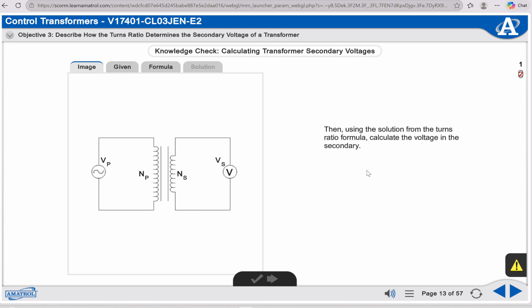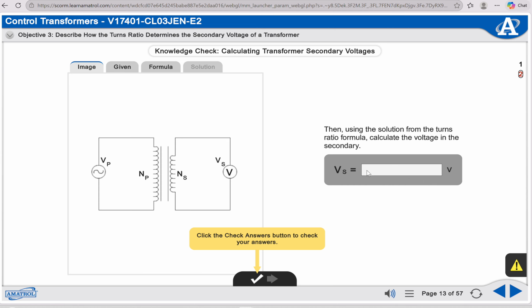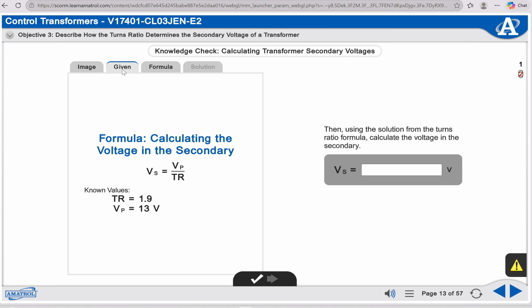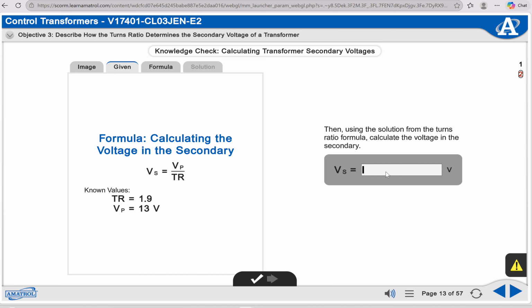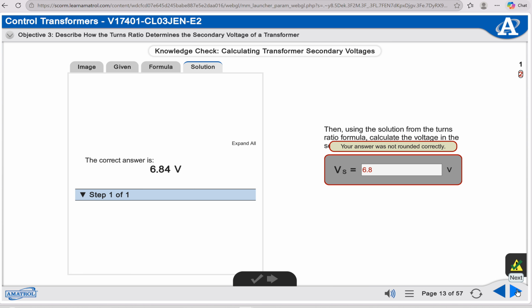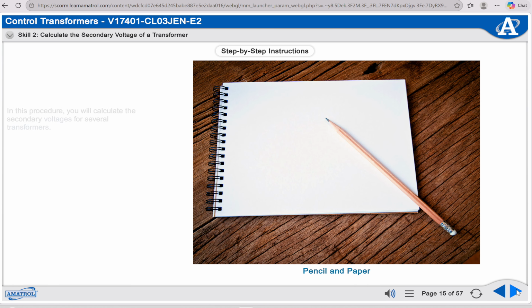Then, using the solution from the turns ratio formula, calculate the voltage in the secondary.